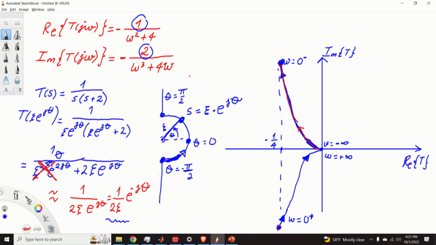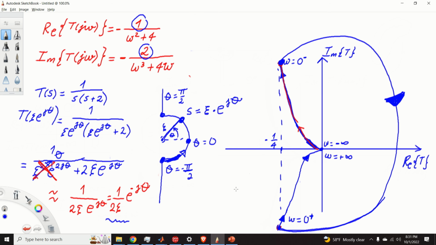So we go in this direction. And this is how we encircle the complex plane when transitioning from this point to this point over here.